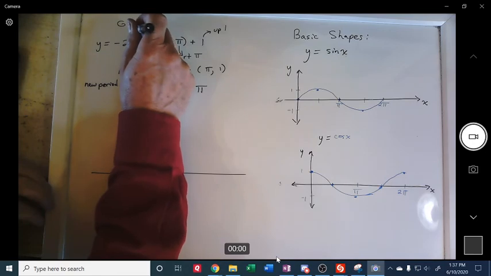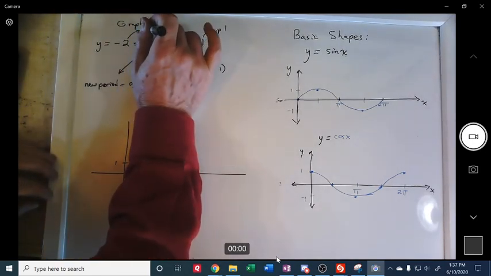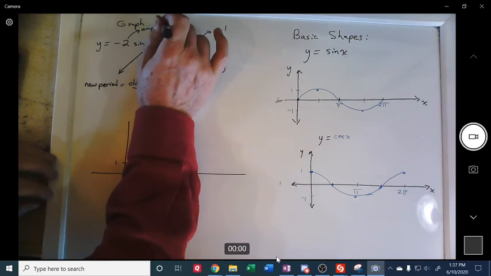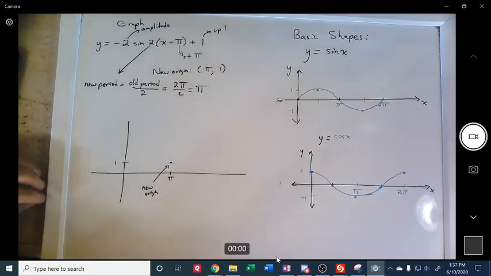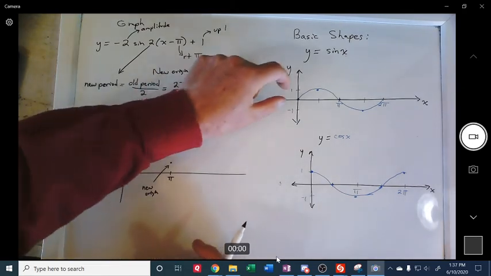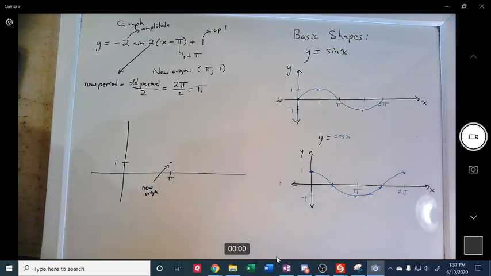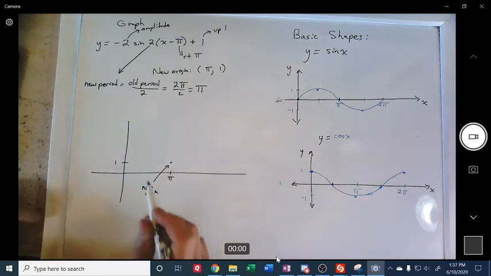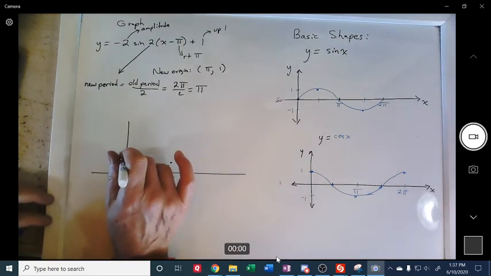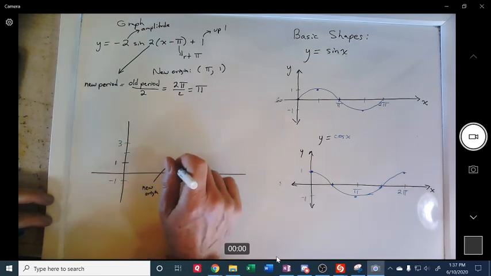And then, what did we do with this one? This 2 right here, we had a fancy name, we called it the amplitude. But the amplitude is from the origin how much you go up and how much you go down. So we're going to make a little box here. We're going to go up 2 units and down 2 units.